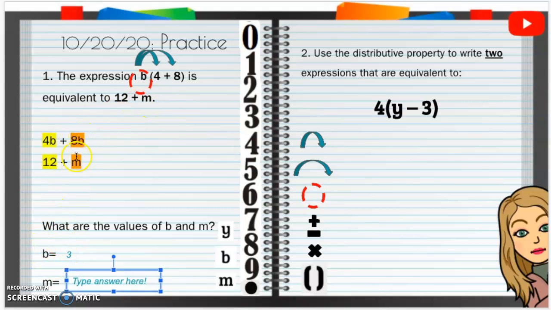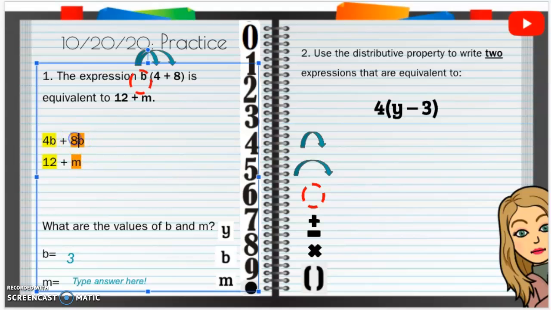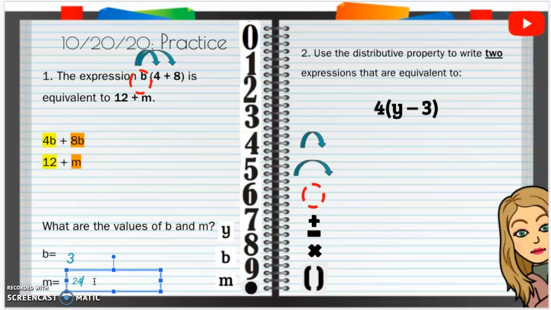So if I know that b equals 3 already, then I know that 8 times that 3 is going to equal that m. So 8 times 3 equals m. So 8 times 3 is going to be 24. So that's what m equals.